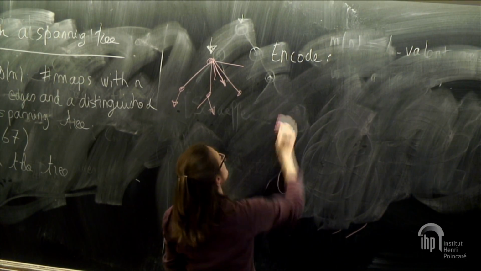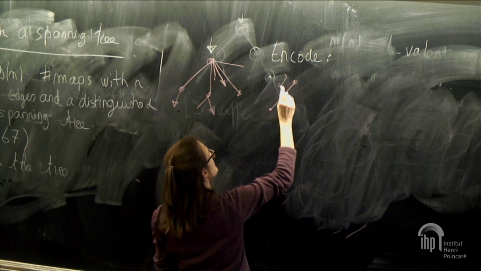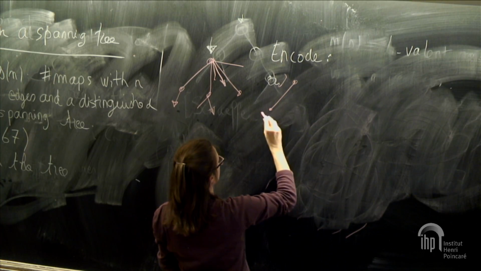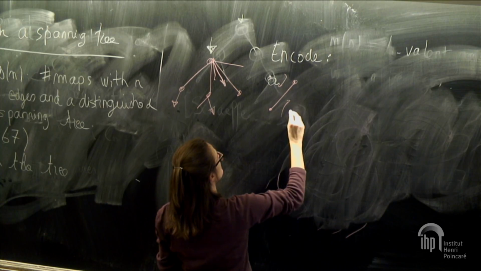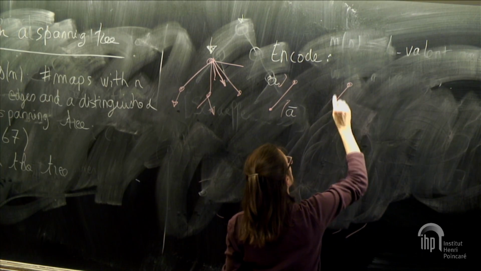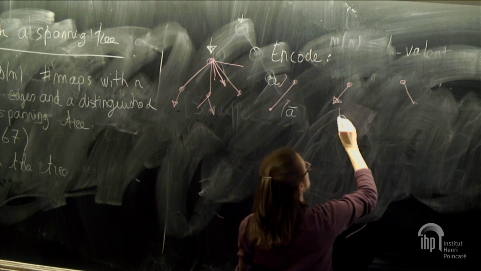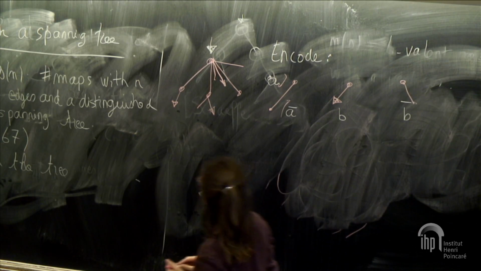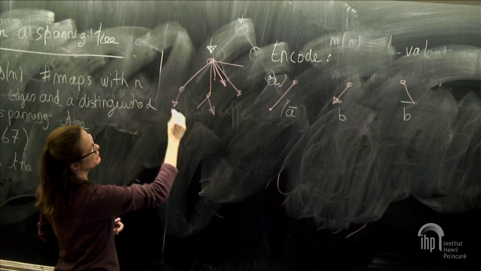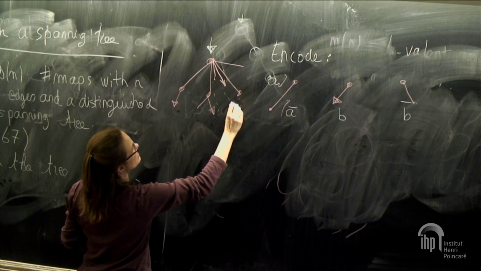So when I see an edge of the tree, so the first time I visit it, I use, say, the letter A. When I get back, I use an A bar. And then when I meet a leaf or a bud, I use B and B bar. And so again, I have an underlying matching between the B and B bars.